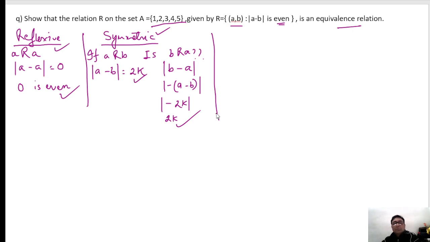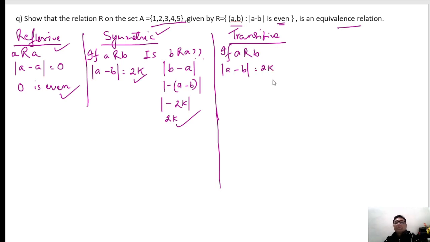Next come to the transitive relation. If a R b, that means mod a minus b, they are telling is an even number, that means it is 2k. Okay. b R c, that means mod b minus c is also an even number, so 2m. Now a R c, we have to test whether it is an even number or not.